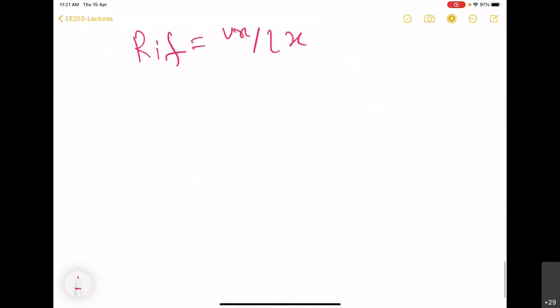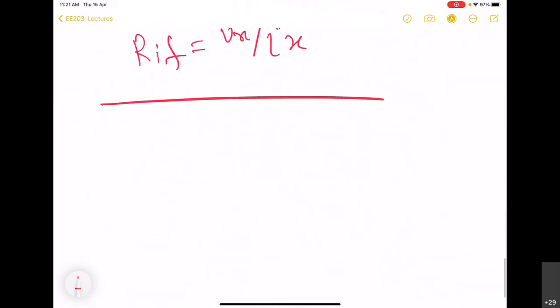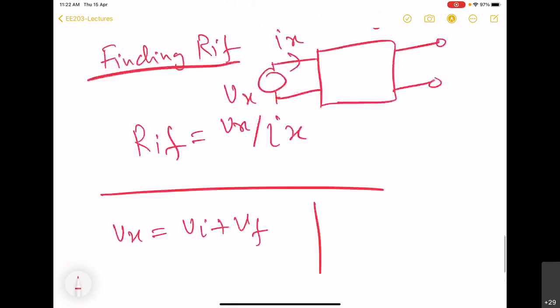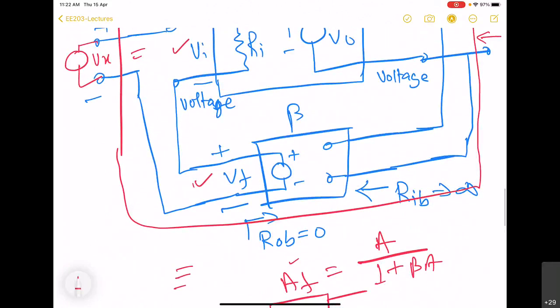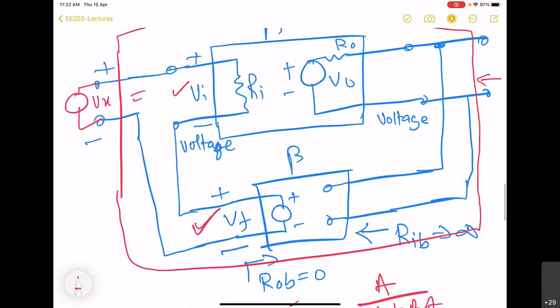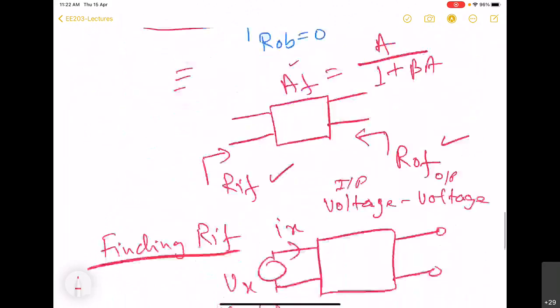So we start with Vx is equal to Vi plus Vf. And we know that this Vf that we see here is this input, which is Vo, because we have kept the circuit open circuited, multiplied by beta.